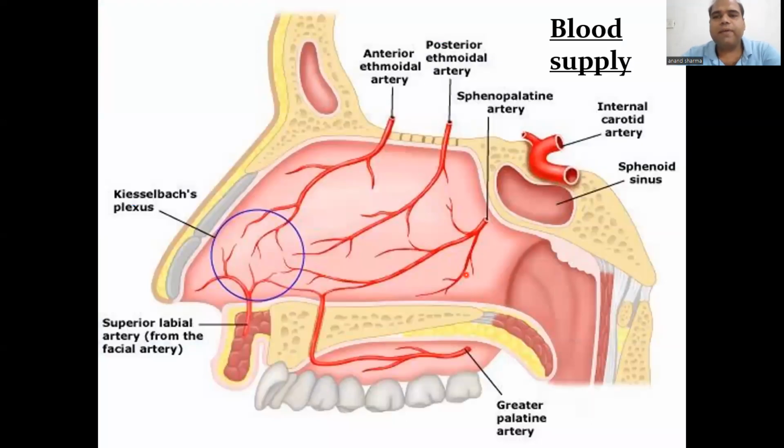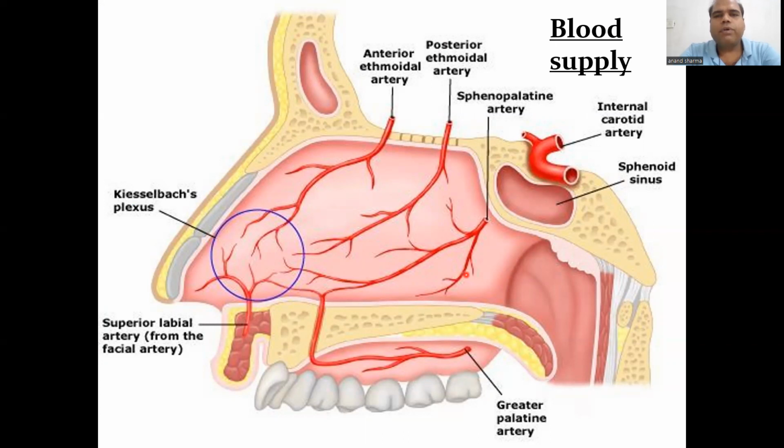Now the blood supply of the nasal septum. Nasal cavity proper is mainly supplied by the sphenopalatine artery, but there are various other arteries also supplying the nasal cavity. But here in this diagram we are discussing the blood supply of the nasal septum.